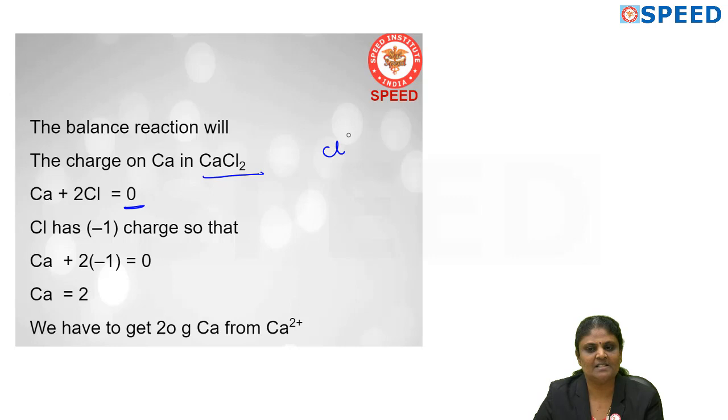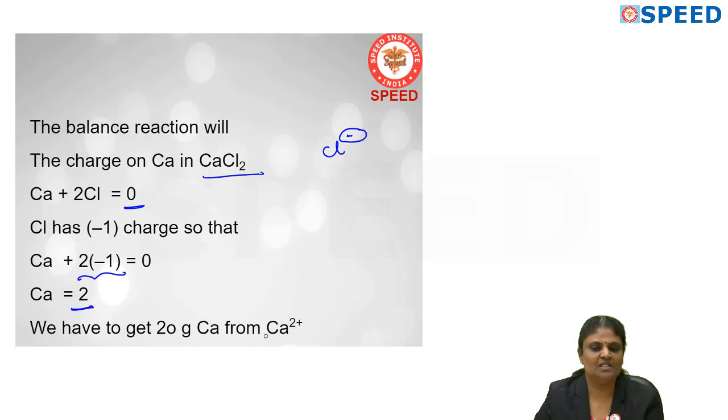Cl always has a minus charge because it accepts 1 electron from the cations. So Cl minus always carries minus 1, monovalent. Okay, so you substitute that minus 1 in this step. Okay, calcium plus 2 times minus 1 is equal to 0. So calcium is equal to 2.